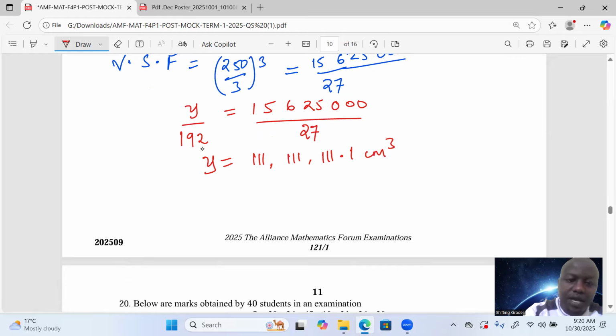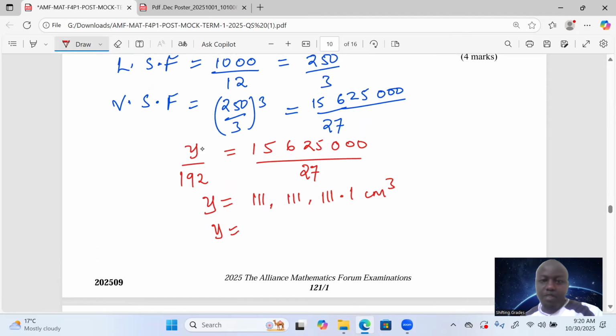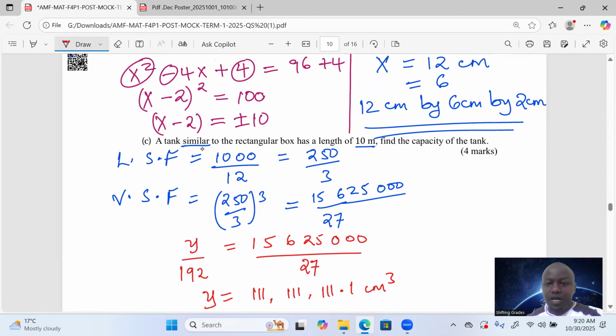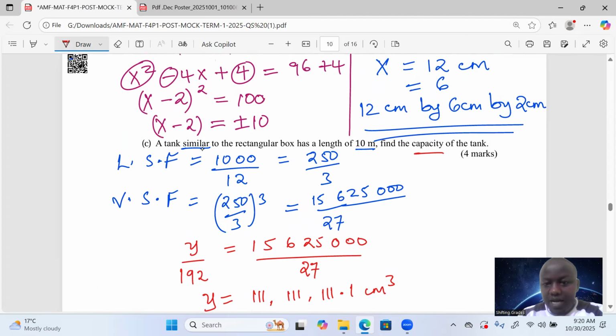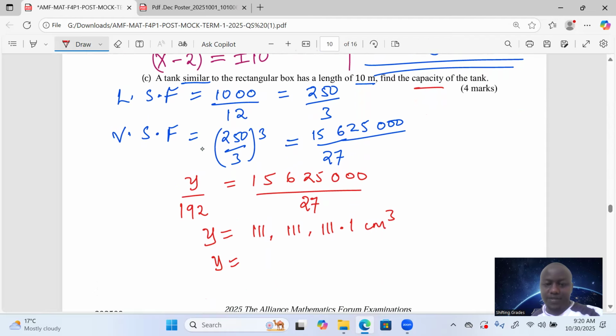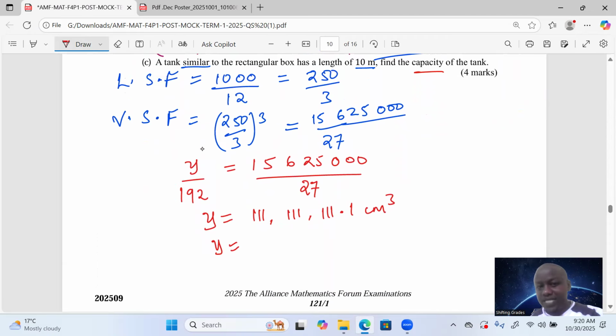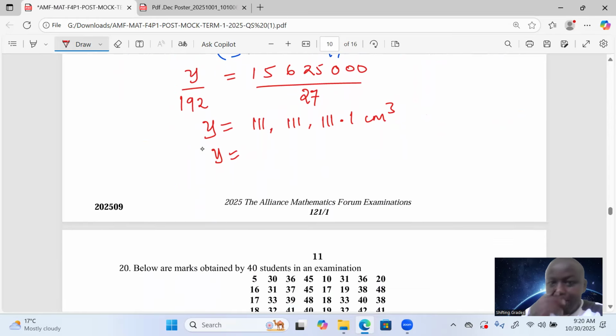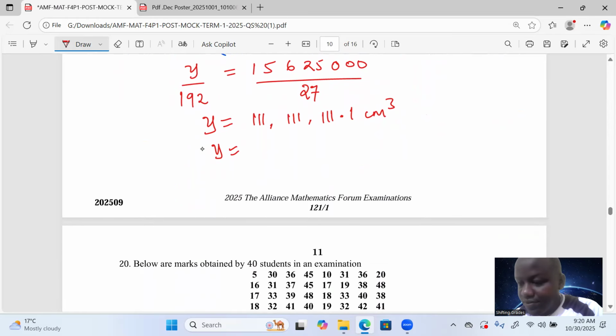cubic centimeters. Now that we talked about capacity of the tank, then we should talk about liters, because we talked about capacity and not volume. Then we can divide by 1,000 to get liters. These are cubic centimeters.